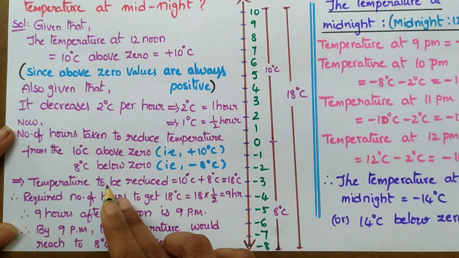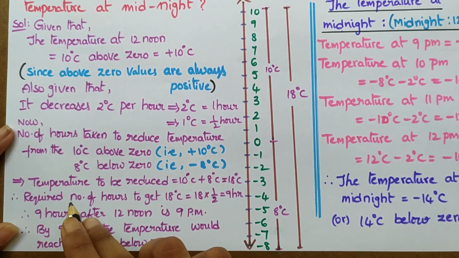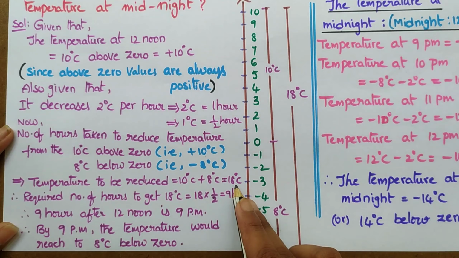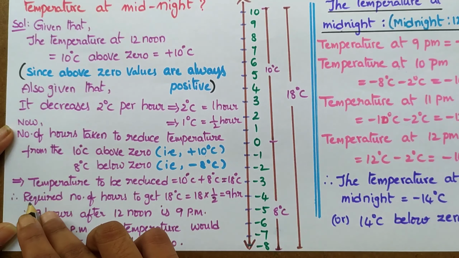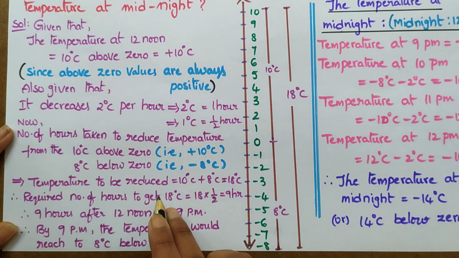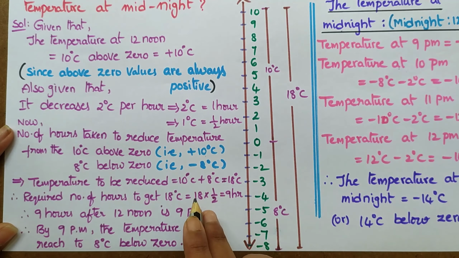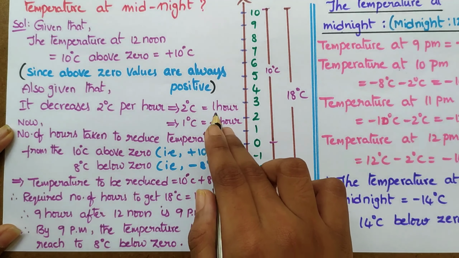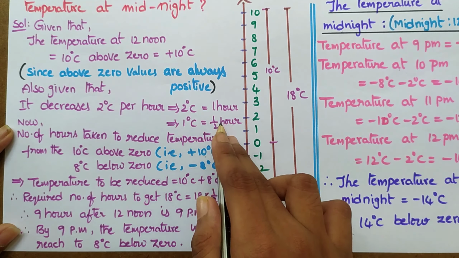Therefore we got the total temperature, it is 18 degrees Celsius. Now we have to find the required number of hours to get 18 degrees Celsius. 1 degree Celsius is equal to 1 by 2 hour.